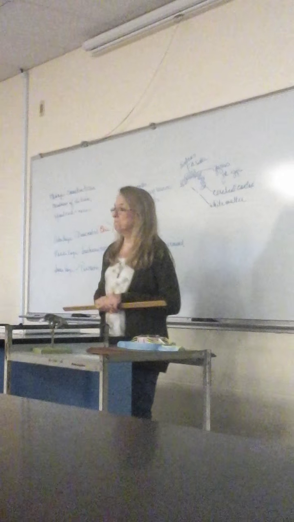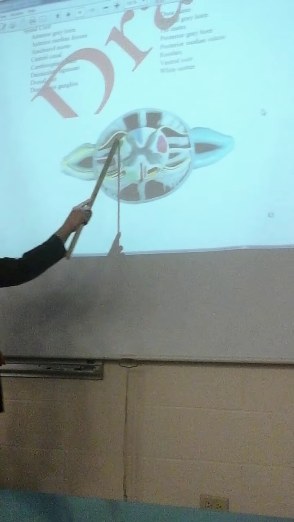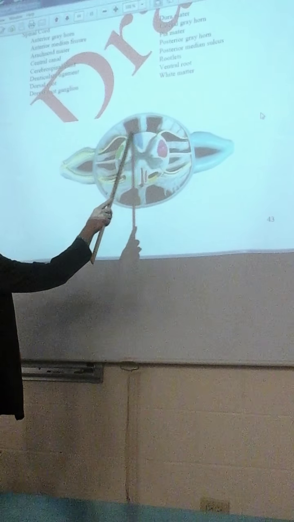Does that make sense? Where's the pia mater on there? It's going to be on the surface of the spinal cord, like the outer margin of the spinal cord here. It's not going to have its own color because it's clear.